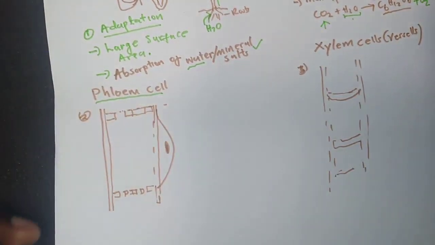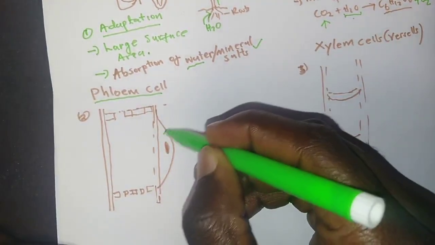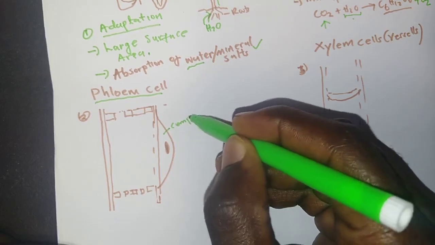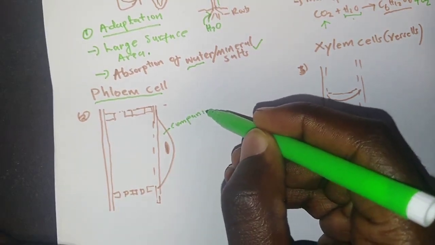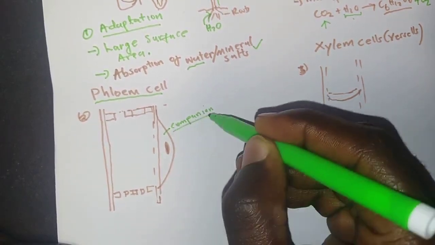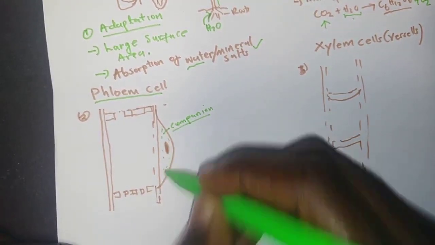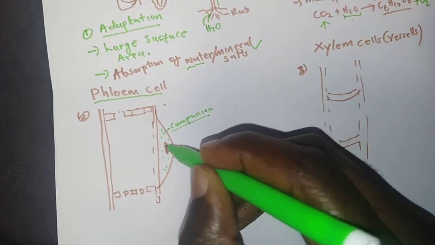Now this food, once it's manufactured, takes us to another specialized type of cell. These are known as vessels. This one has what we call a companion cell that will carry out most of its activities. It has a cytoplasm and a nucleus.